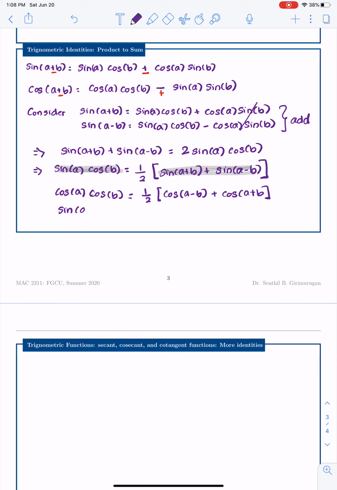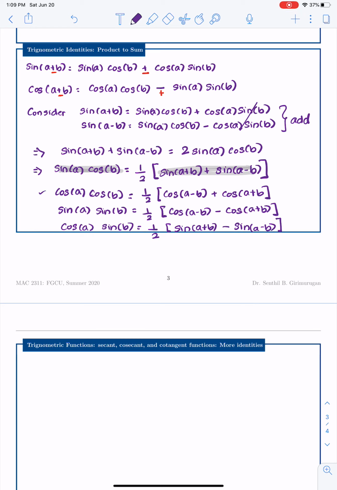Sine A sine B is equal to 1/2 cosine A minus B minus cosine A plus B. And lastly, cosine A sine B is 1/2 sine A plus B minus sine A minus B.